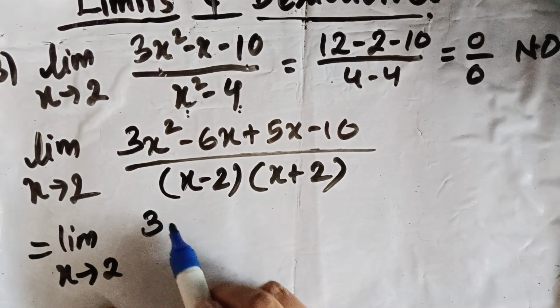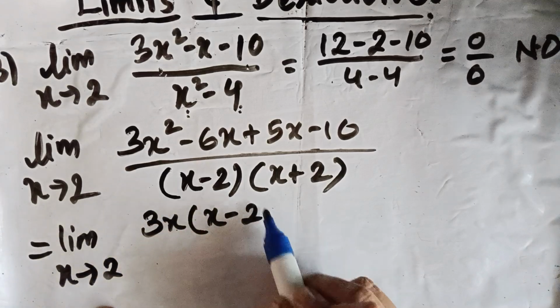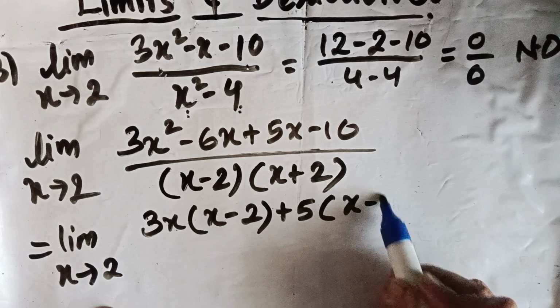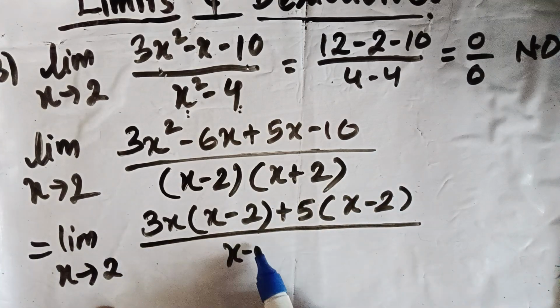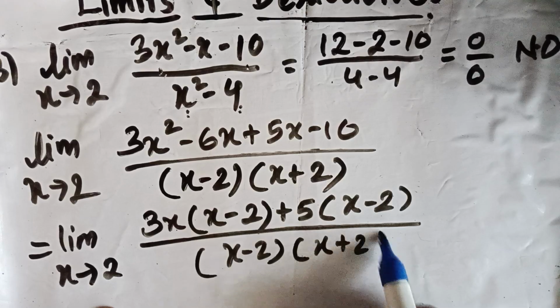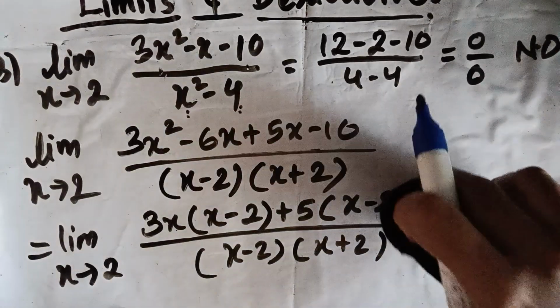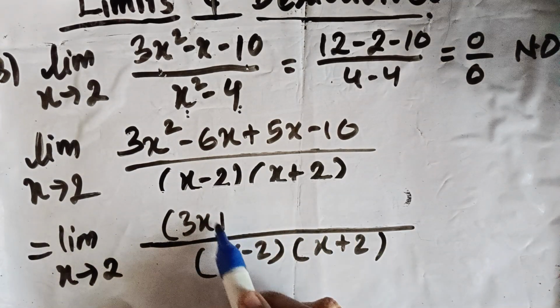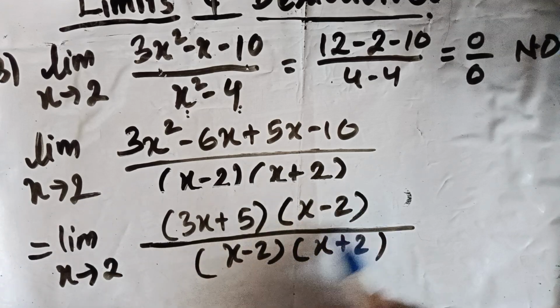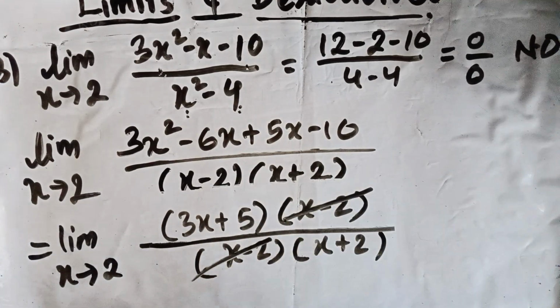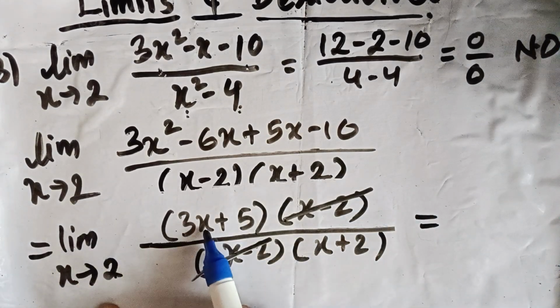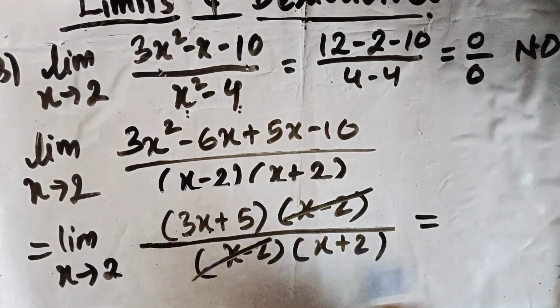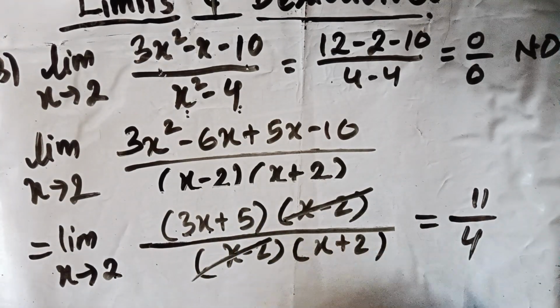So taking common 3x into x minus 2 plus 5, you will get 3x plus 5 into x minus 2, upon x minus 2 into x plus 2. So you will get 3x plus 5 upon x plus 2. Now you can substitute 2 here. It is 6, 6 plus 5, 11 upon 4. This is the answer.